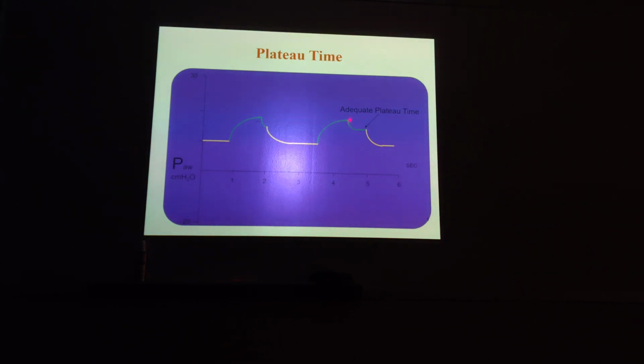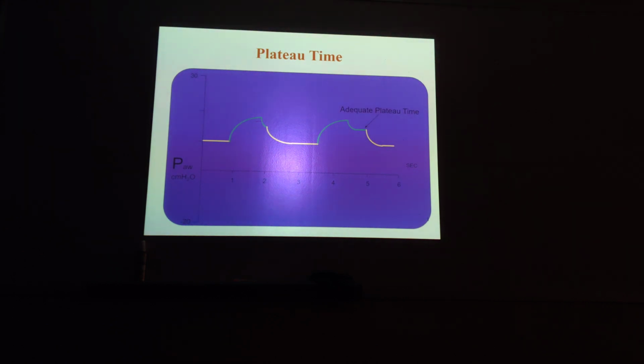So this is my PIP, and this is my plateau. Plateau should always be lower than PIP, always. That's how come static compliance should always be greater than dynamic compliance, because you're dividing by a smaller number. The difference between your PIP and your plateau is what we call the trans-airway pressure, the pressure lost due to airway resistance.